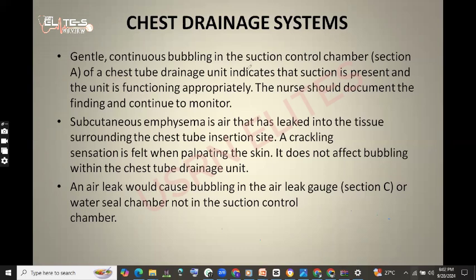Let's say we have suction, let me use abbreviation, okay? Control chamber, okay? And you have, let's say, only chest tube, just mentioned, chest tube.